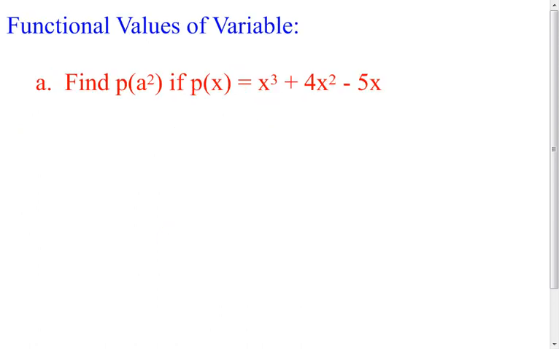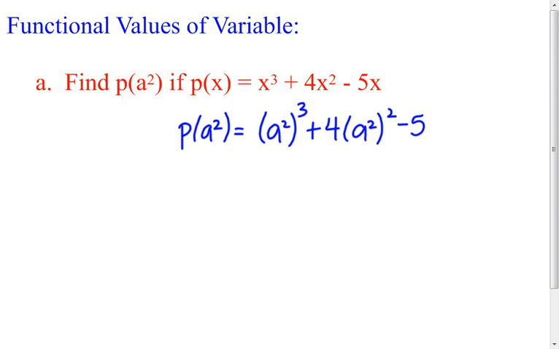All right, the next one, it's kind of weird, but it's asking you to plug in a squared. And again, all that means is that wherever I see an x, I'm going to plug in a squared. So I will have a squared quantity cubed plus 4 times a squared quantity squared minus 5 times a squared. You need to remember your exponent rules here.